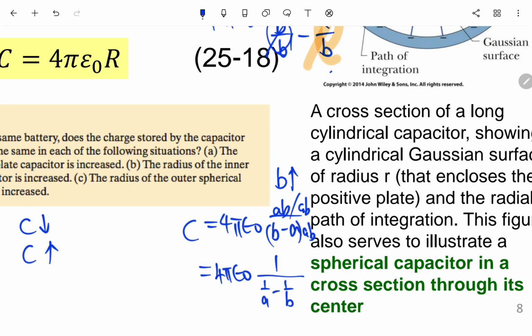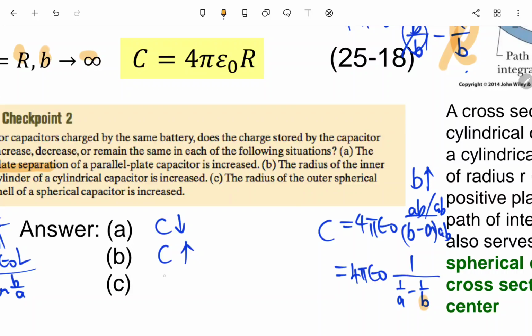Here we can easily determine because we only have a B. So B increases, 1 over B decreases, and then minus 1 over B increases, and then the whole thing finally decreases.